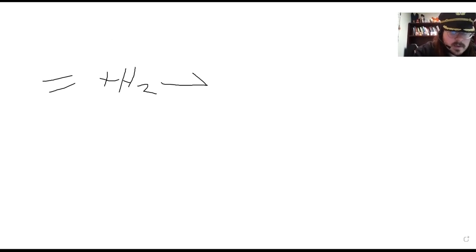In order to understand this, we can use the simple reaction of a double bond plus hydrogen, with a platinum or palladium catalyst, and we get a single bond and energy, and we have a delta H of reaction.